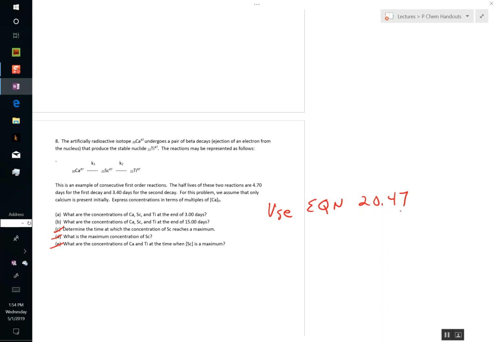And look at equation 20.17 for B. It's just a half-life. So those 2 equations would help you on number 8.